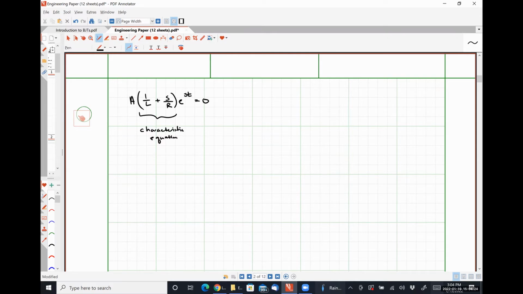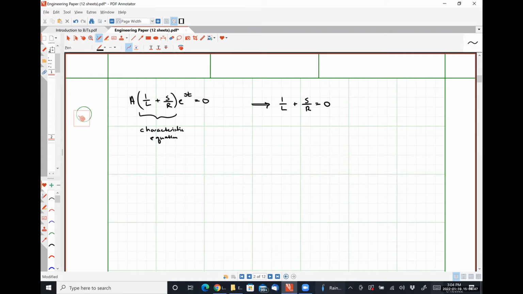So we could say that 1 over L plus S divided by R has to be the bit that goes to 0, because that's the only thing that will satisfy this in a general sense, okay?